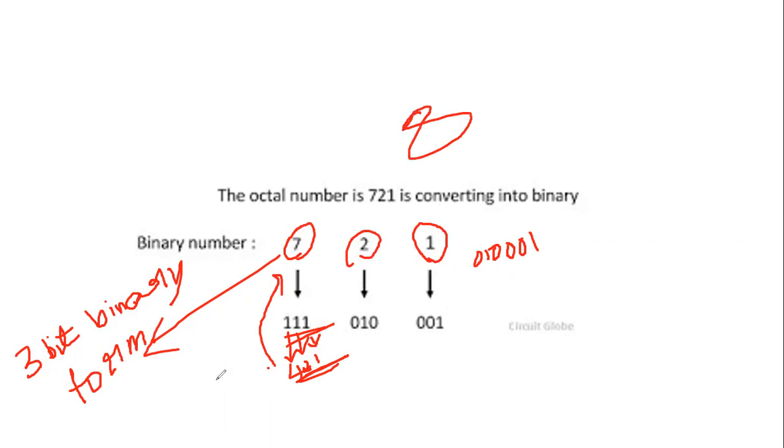Octal is up to 8, correct? Does it include 8? No. Octal is 0 to 7. 8 doesn't come in octal. All right. So similarly, you will do your hexadecimal also.